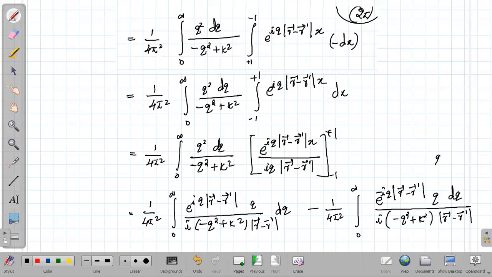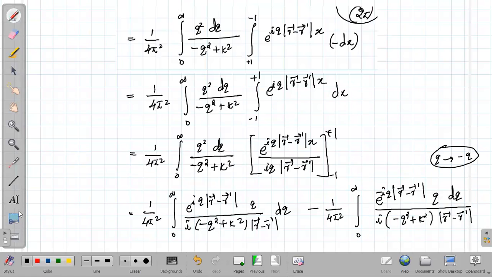Now in the second equation, I can convert q to minus q. If you convert q to minus q, this q becomes minus q and dq becomes minus dq. That minus minus will cancel, and this minus will become plus, and there is no change for q square, because if you change q to minus q, q square and minus q square will be the same. So what would happen if you convert q to minus q in the second term?